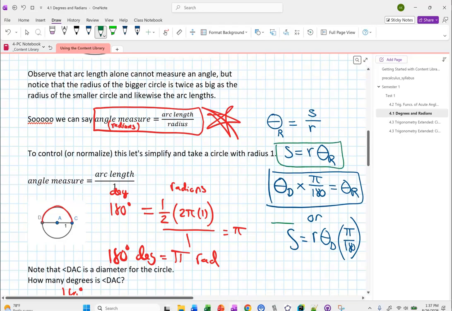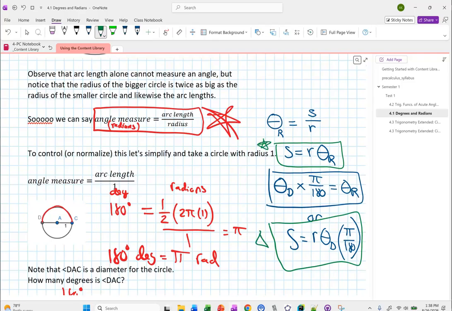So these are the two takeaways. This is how there's a formula to find arc length. One version requires an angle in radians, the other requires an angle in degrees. Notice that they're the same formula, it's just that for the angle in degrees, we've applied that conversion factor to it and then dropped it into place.